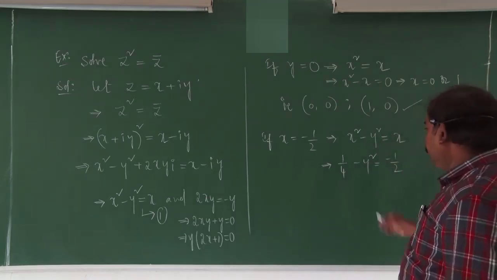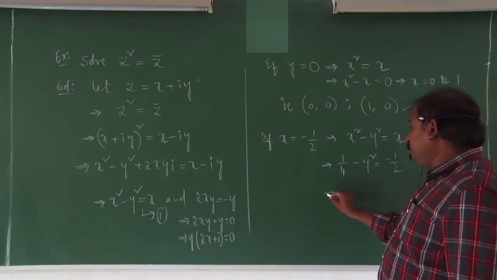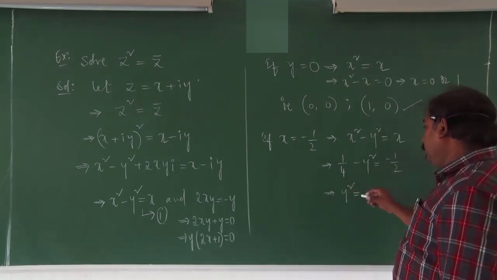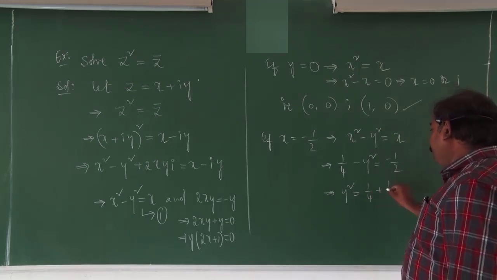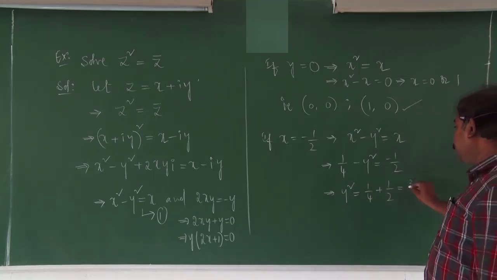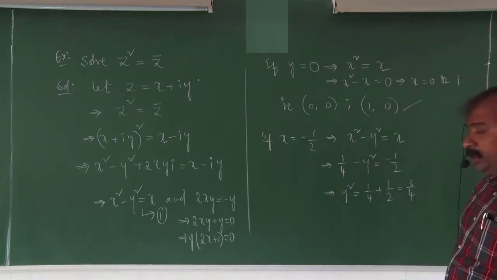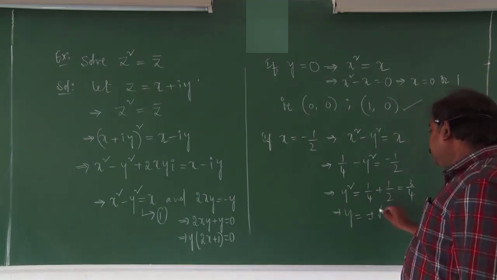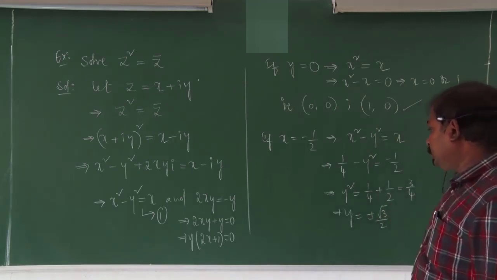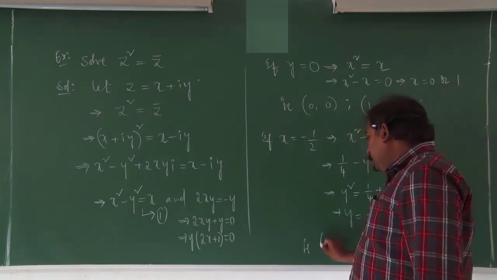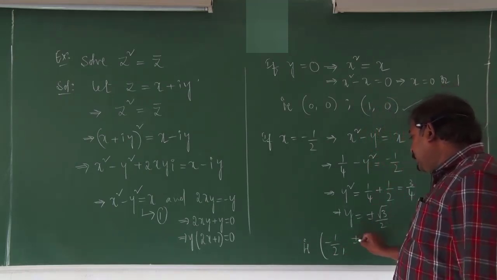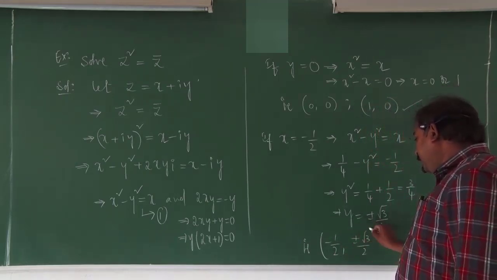Bring this value this side, y square is equal to 1 by 4 plus 1 by 2, which is equal to 3 by 4. Therefore y is equal to plus or minus root 3 by 2. Here the solution set is minus 1 by 2 comma plus or minus root 3 by 2.